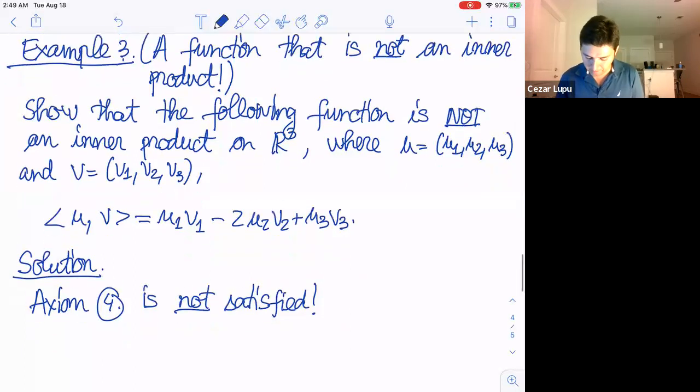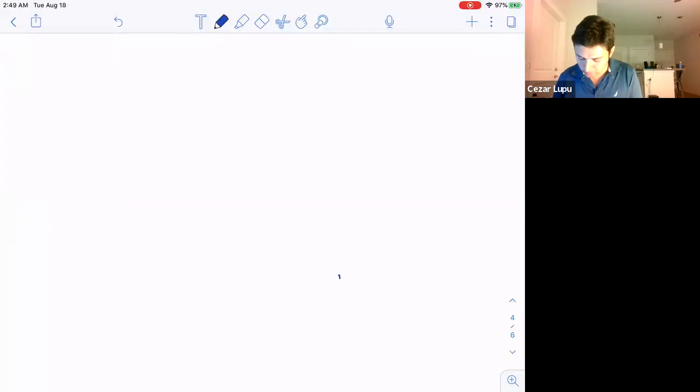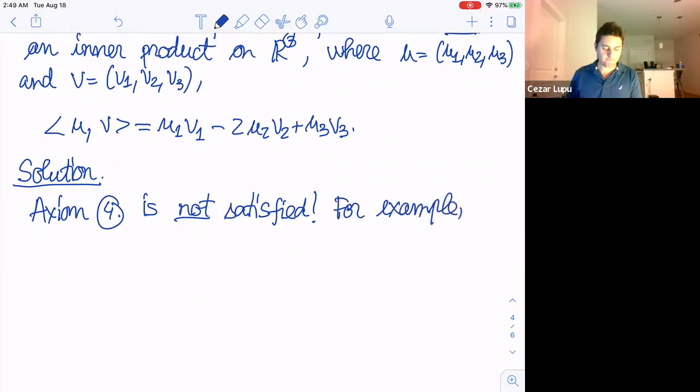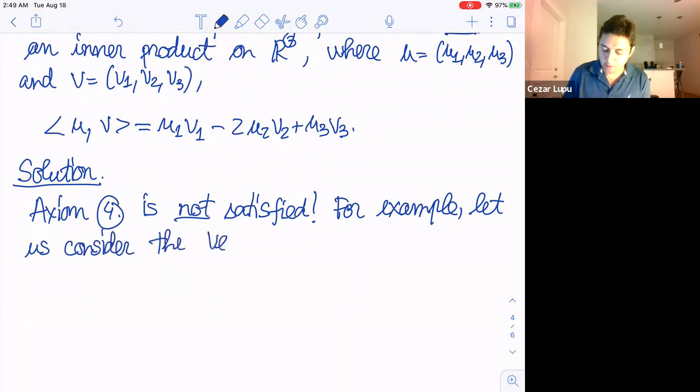For example, let's consider a vector. We can consider any vector, but let's say V to be 1, 2, 1.